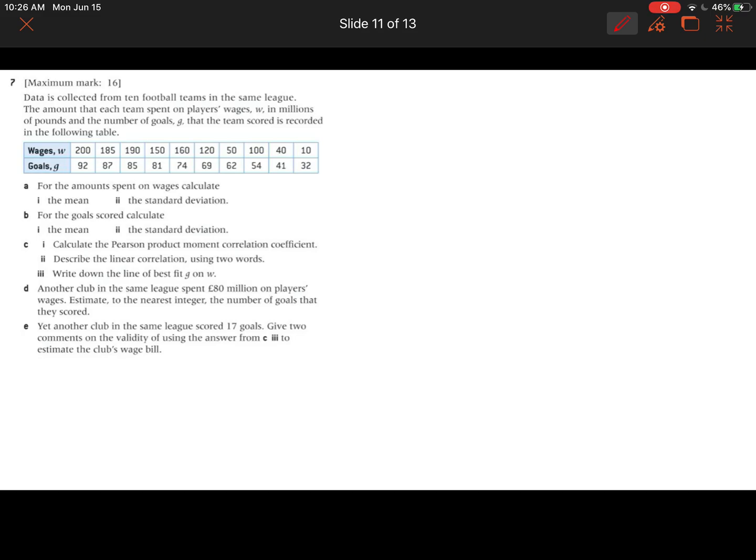Let's go ahead and calculate. My mean, it should be W bar in this case, was 120.5. And the standard deviation that I got was 64.7. For the goals scored, do the same thing.